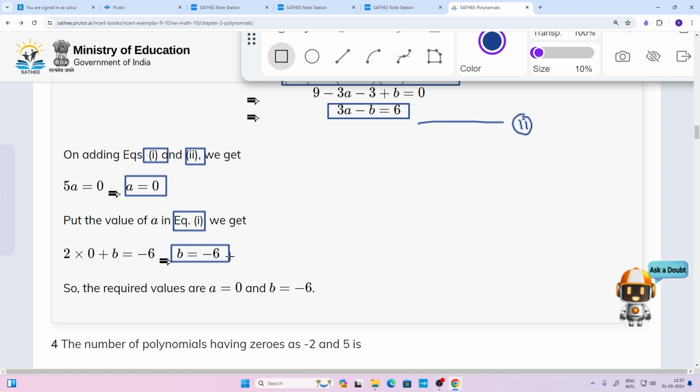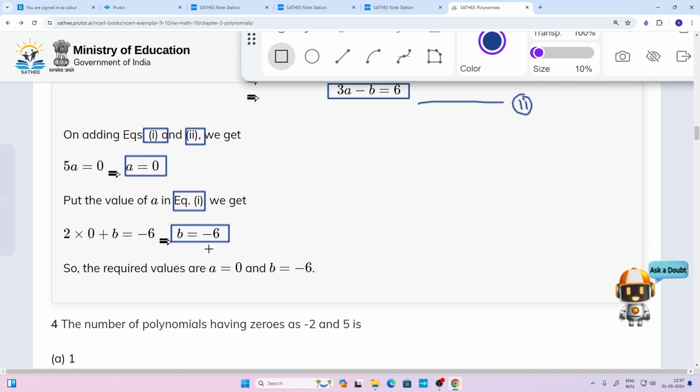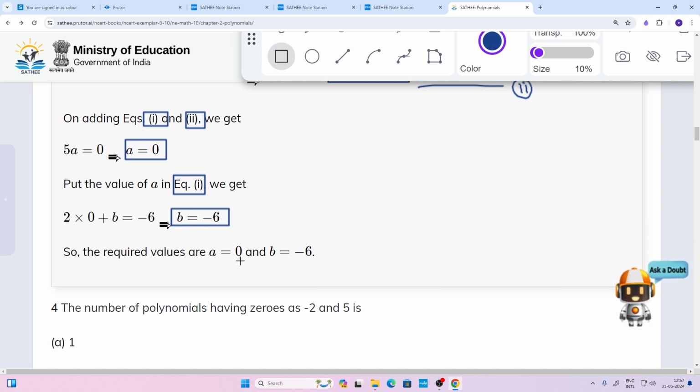So the required values of a and b are 0 and minus 6 respectively. So a is equal to 0 and b is equal to minus 6.